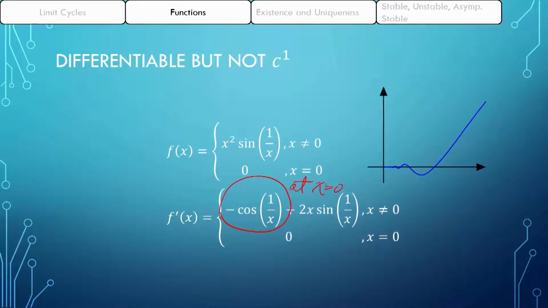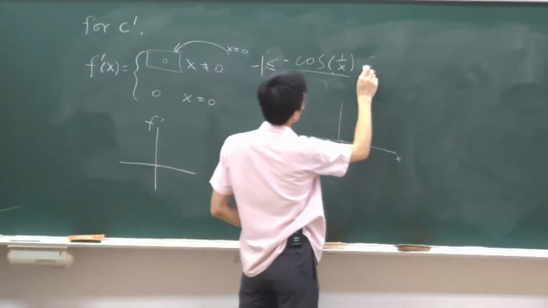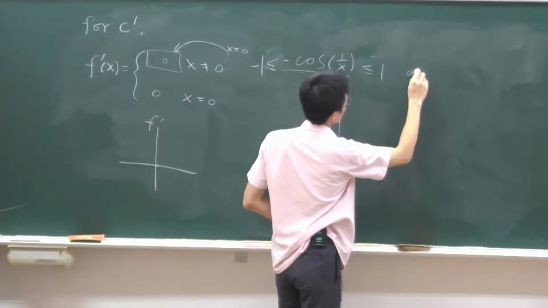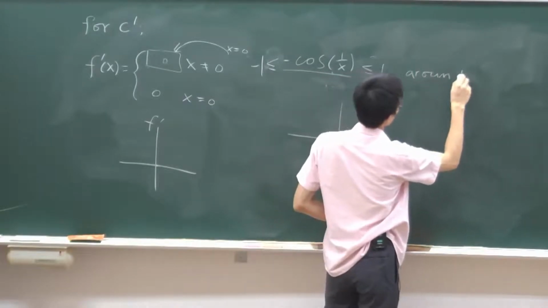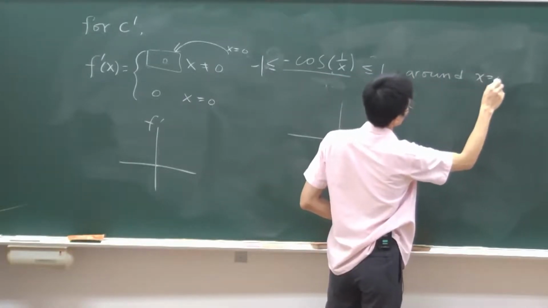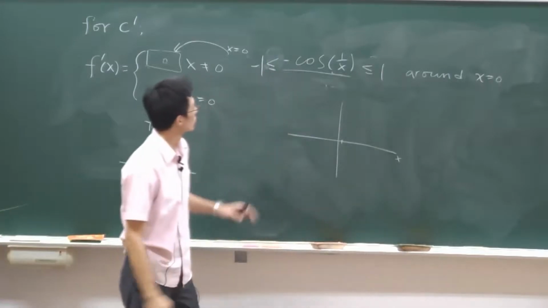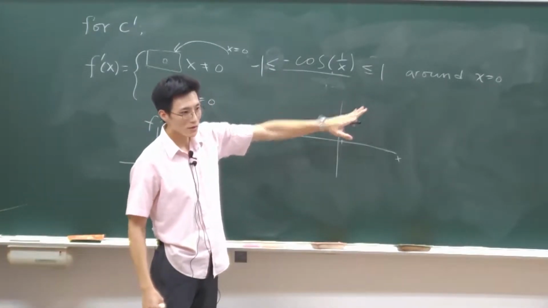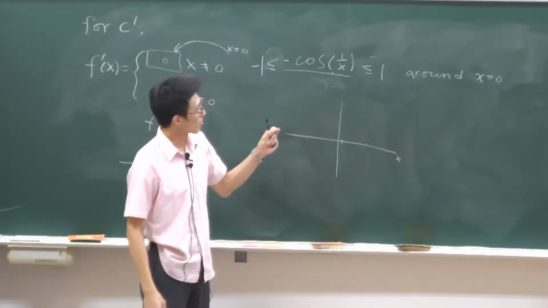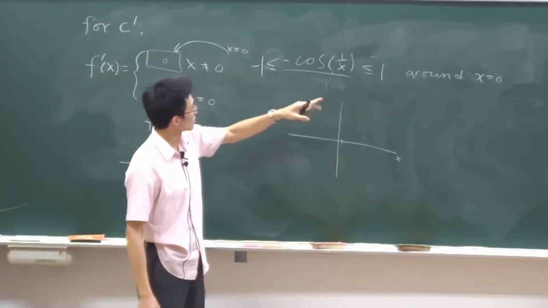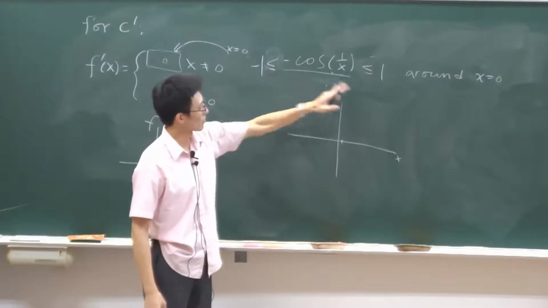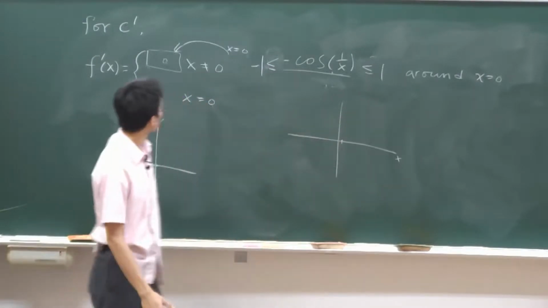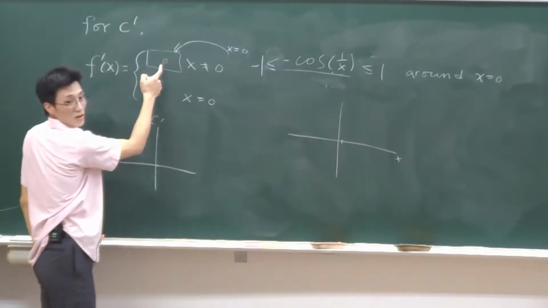X equal to 0. What's the value of this? Right? Could be minus 1, could be 1, around 0. Even for a very small x. So as long as x changes, this term changes around minus 1 and 1. So it will never be 0.